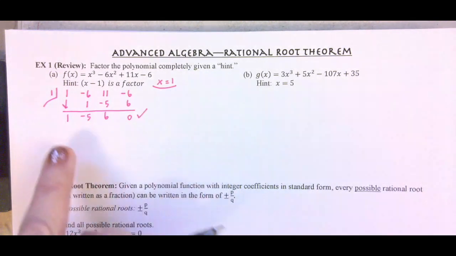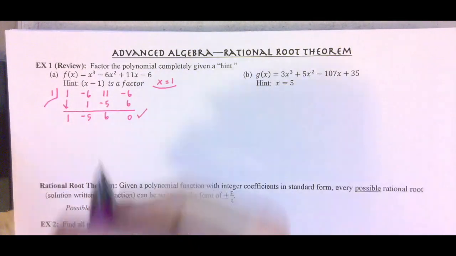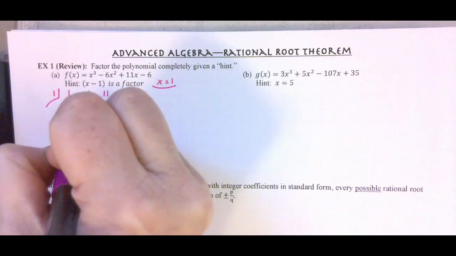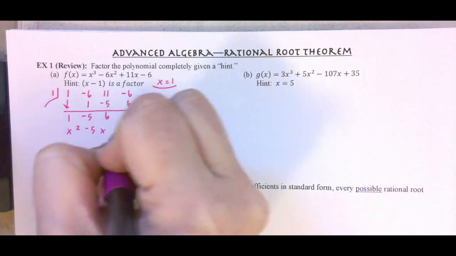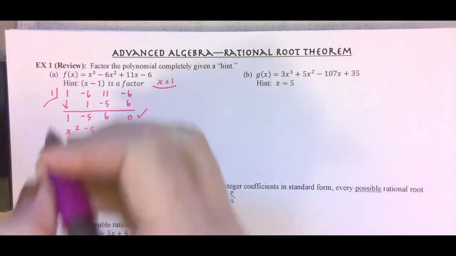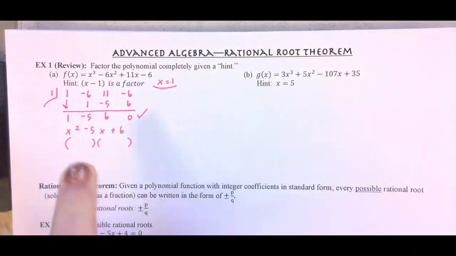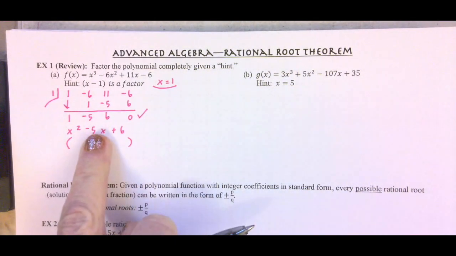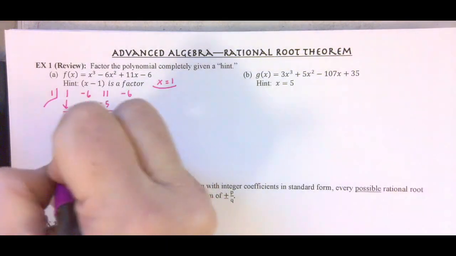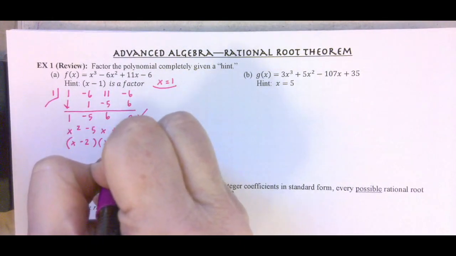So now what's left over? Here, this is quadratic, linear, constant. So I have x squared minus 5x plus 6. So if I keep factoring this down, what multiplies to negative 6 that adds to negative 5? I should get x minus 2 times x minus 3.